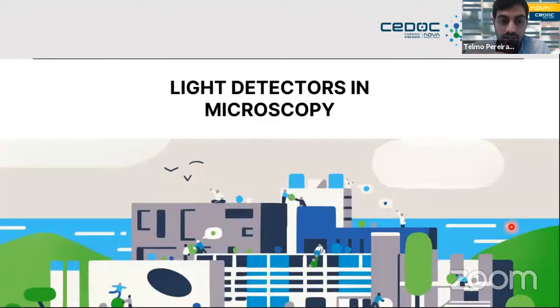So now shifting gears to light detectors in microscopy. We already know a bit on how the fluorophores work, how the microscope works in terms of fluorescence, what the fluorescence is. Now we want to detect this signal.